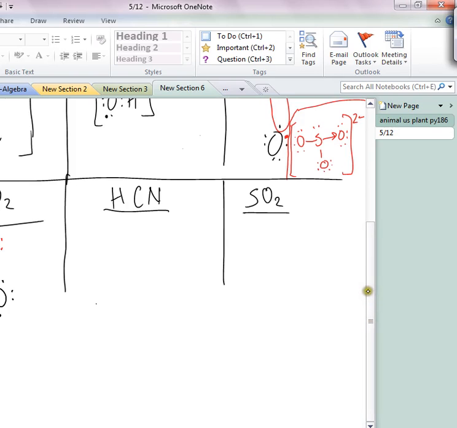We need to find a way so that everything has an octet. A double bond could be a good way. Let's try that. If I take these electrons and rotate them around so they're sharing in between here, I get O, something like this.